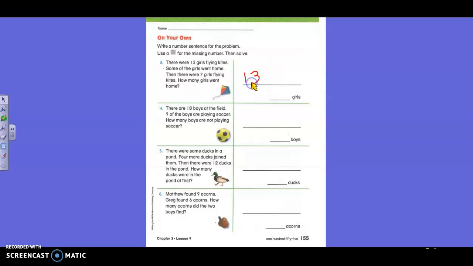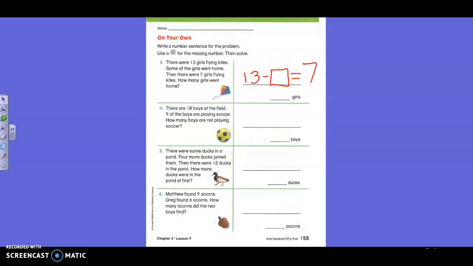There were 13 girls flying kites. Some went home, so we are doing minus or subtraction, right? 7. But do we know how many went home? No, it just says some. So the box goes here, in the middle. Some go home. How many were left? 7 girls are still flying kites.